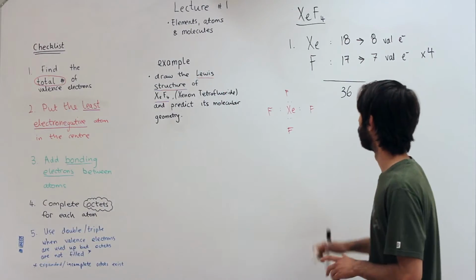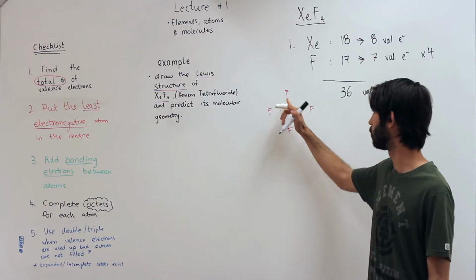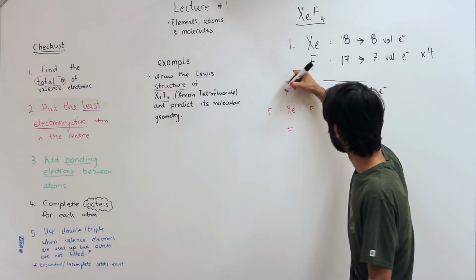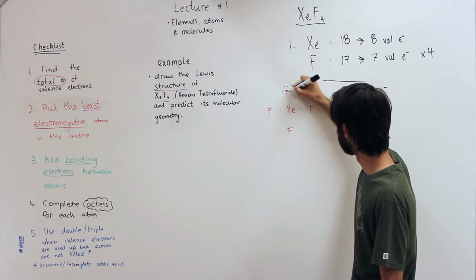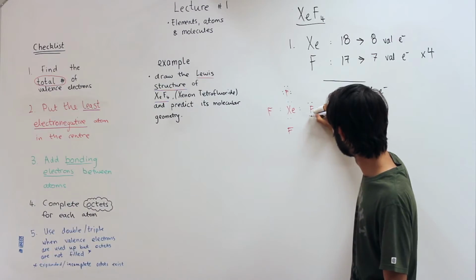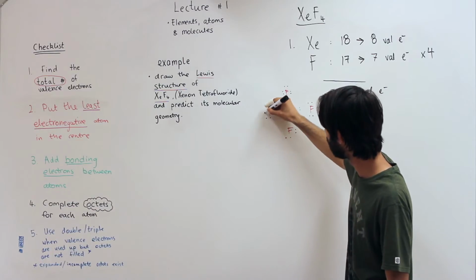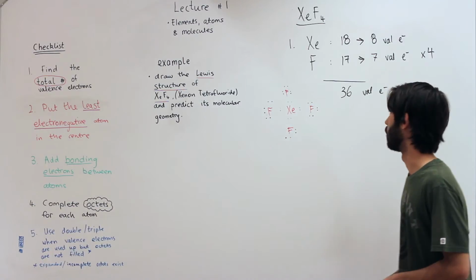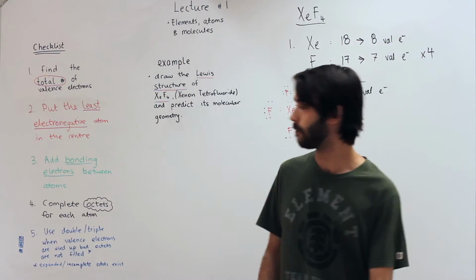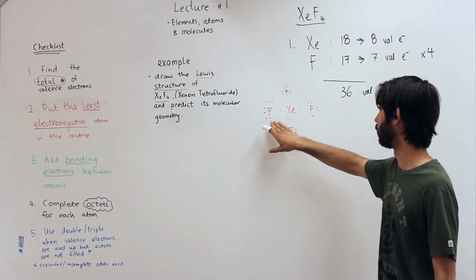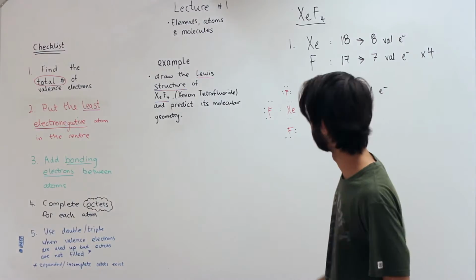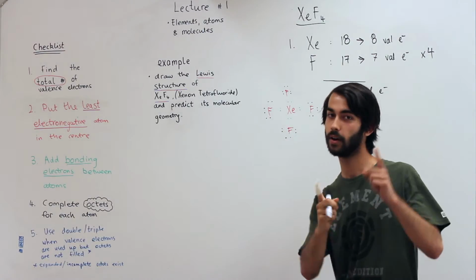And now looking at xenon, a complete octet of 8, 2, 4, 6, 8. We complete the octets for fluorine. And here we go. That is our compound with all the octets satisfied, except for this one, of course.